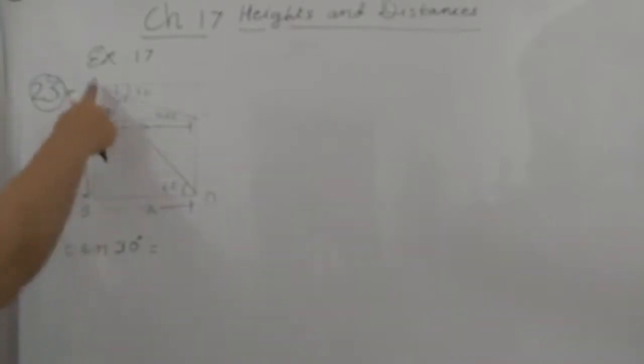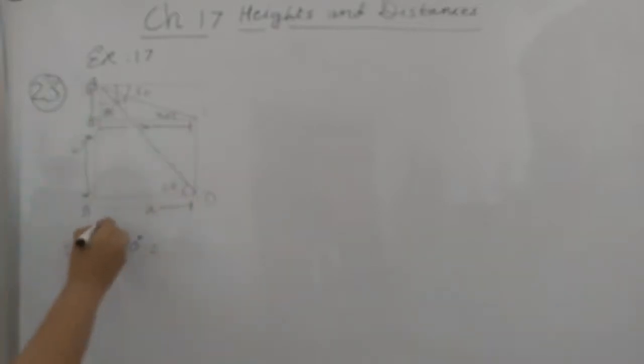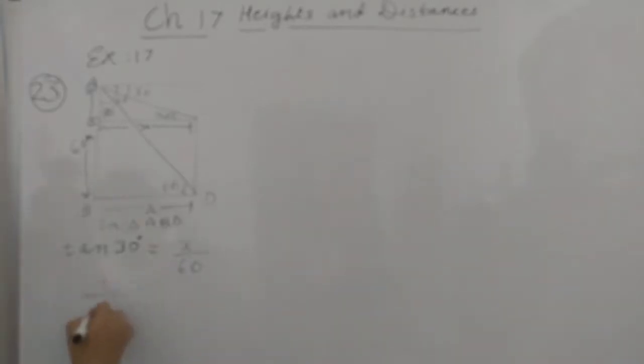So in this big triangle ABD, this is 30, this is 60 and this is 90. So I can take tan 30 degrees, which is x, the opposite side, over the adjacent side 60. Now I take the tan 30 degree value as 1 upon root 3 is equal to x upon 60.